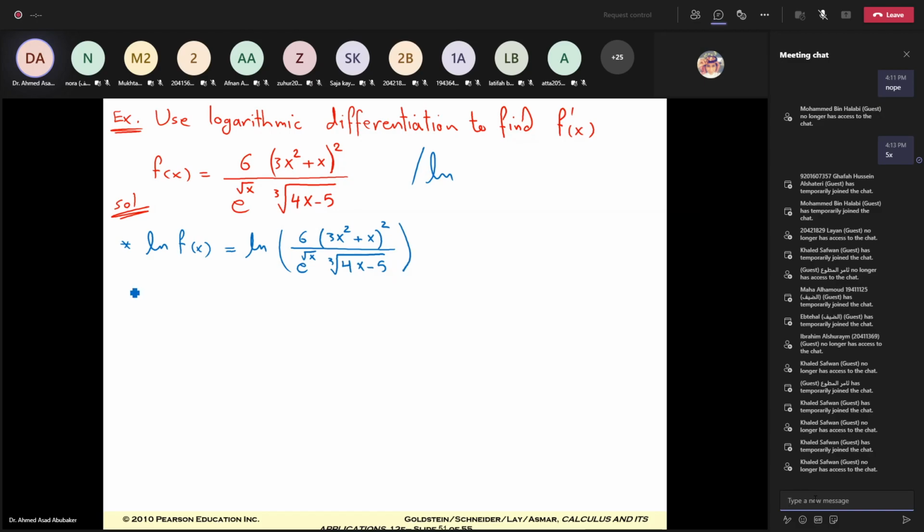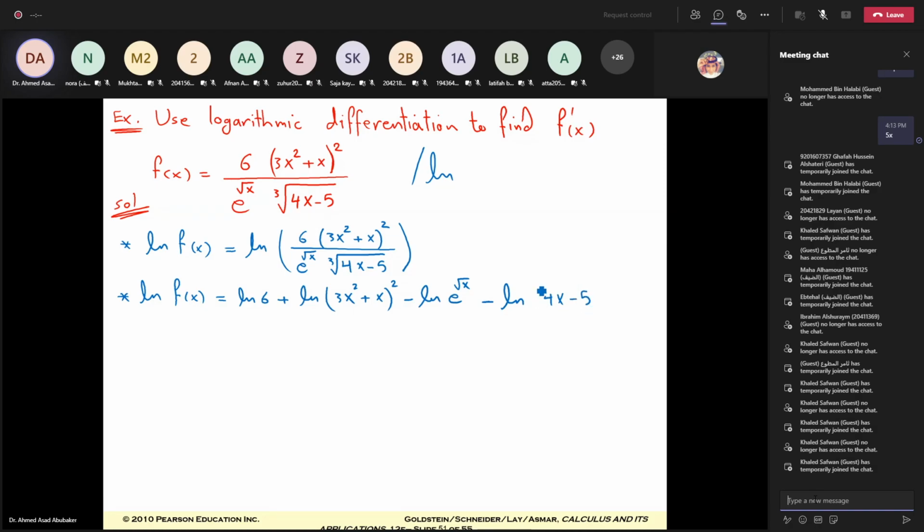The second step, distribute the ln on the numerator and denominator. So we have ln f of x equal ln 6 plus ln 3x squared plus x all squared, minus ln e to the power radical x, minus ln cube root of 4x minus 5.